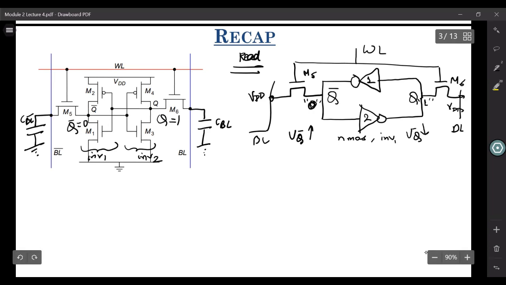So basically the effective voltage at VQ bar is the result of the tug of war competition between M5 and the NMOS of inverter 1. So that is what happens in your read operation.